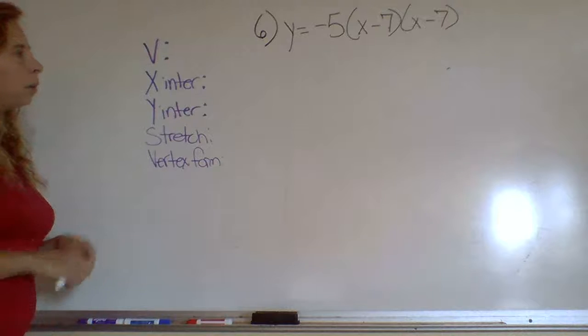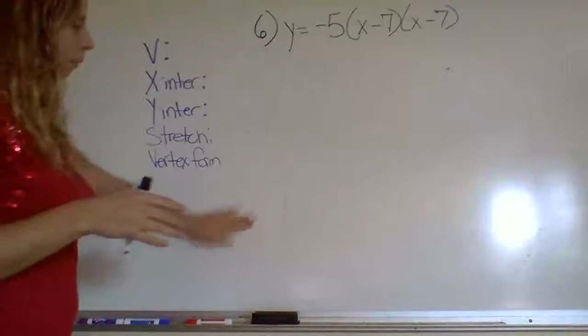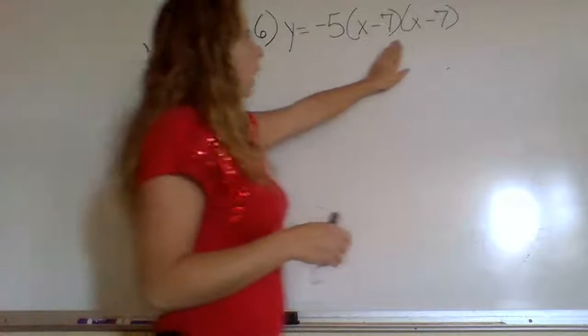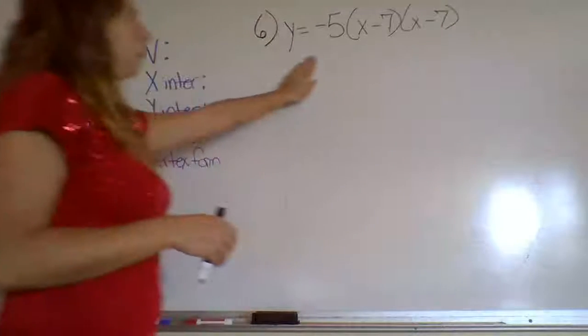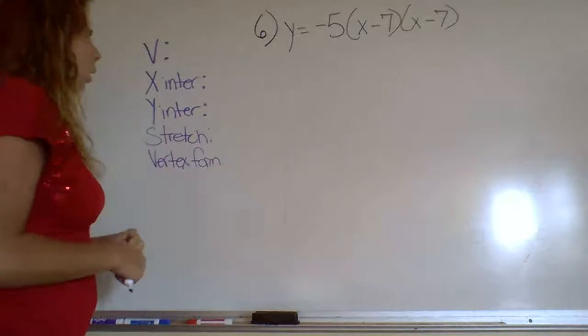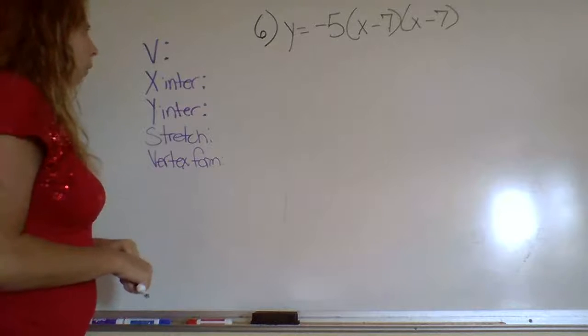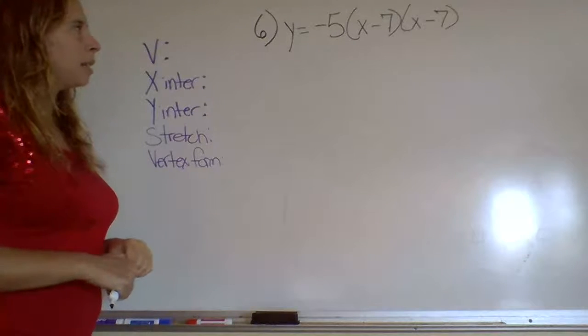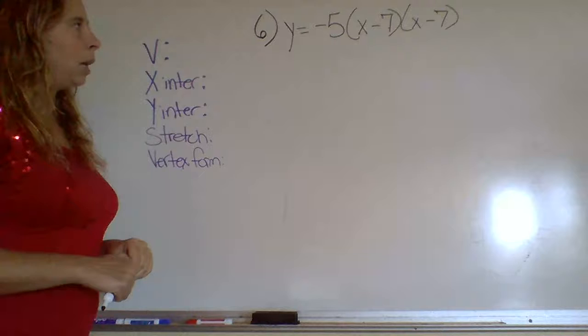Okay. So, looking at the equation, this is factored form. You can pull out the x-intercept.